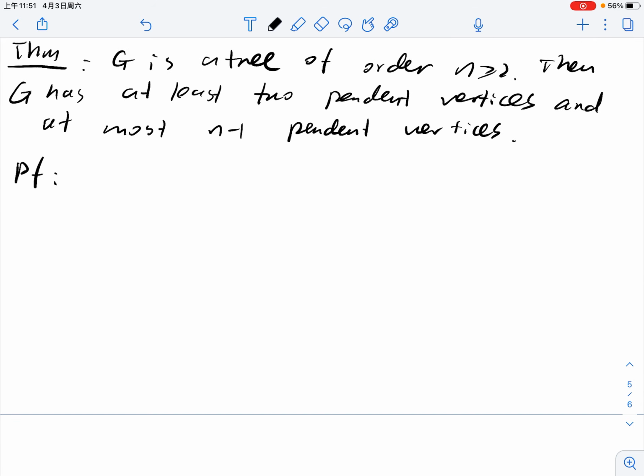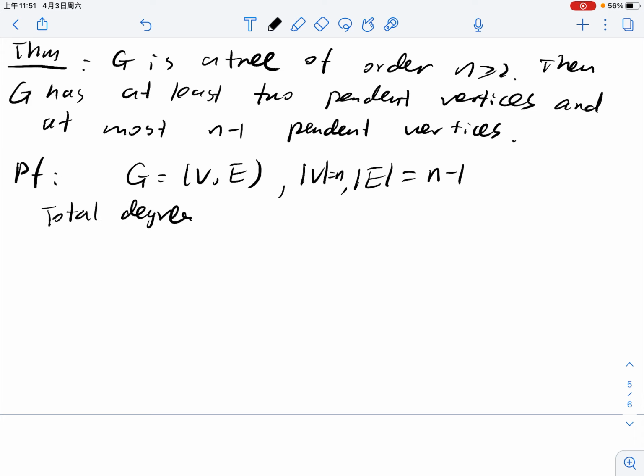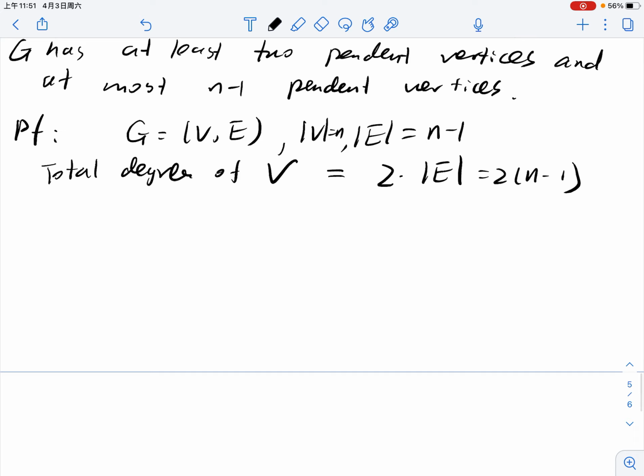We first prove the second claim, but the idea is similar. So let G be (V, E), where the cardinality of V is n and the cardinality of E is m, which is n minus 1. Then let's compute the total degree of V. This is 2 times the cardinality of E, which is 2(n minus 1).